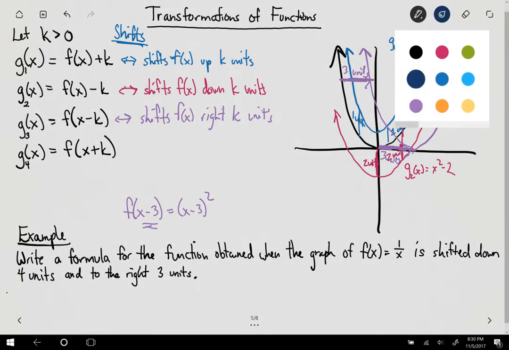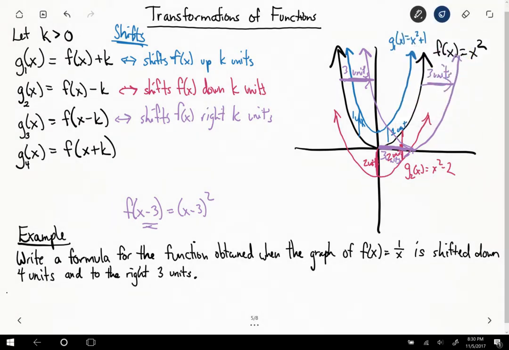And in our final case, I'm not going to bother to draw a graph here, but what happens in general when we go plus k? Well, if the minus sign shifts it right k units, you can take a wild guess. Notice we're inside the parentheses, and what happens is that we shift f of x left k units.